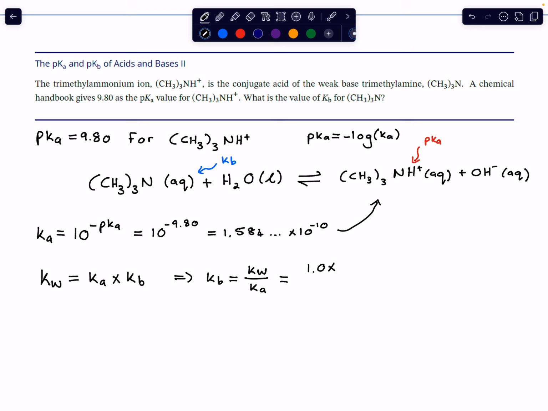That is 1.0 times 10 to the negative 14 divided by the value we just calculated, which rounds to 6.3 times 10 to the negative 5. Just as with pH, we look at the numbers after the decimal, so 9.80 gives two significant figures. So that's the Kb for the base of the conjugate acid, and that's how you work it back.